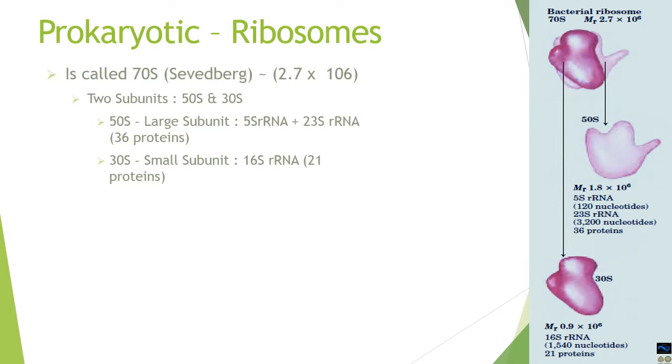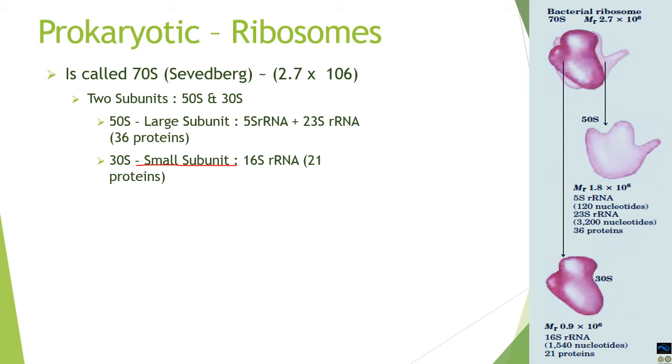Prokaryotic ribosomes are referred to as 70S ribosomes. They have a molecular weight of about 2.7 times 10 to the power 6, and they have two different subunits. The large subunit is 50S and the small subunit is 30S. The large subunit is made up of two different types of RNAs, 5S and 23S, together with 36 proteins.